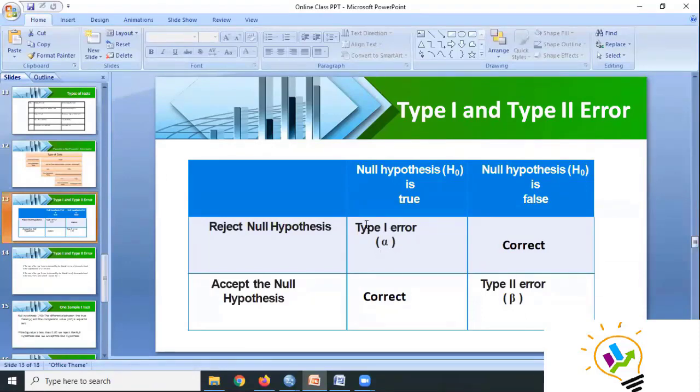So this error should be very small, less than 0.05. If the null hypothesis is true but I reject it, what is the chance that you are making this type 1 error? It is only 5%, that is 0.05.